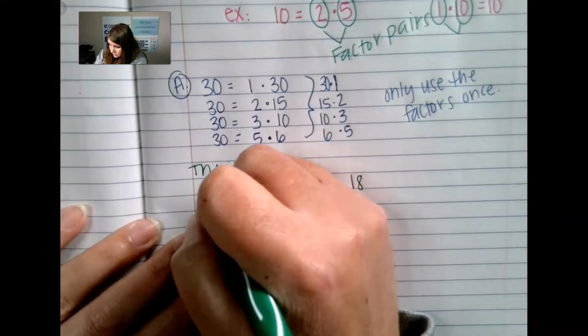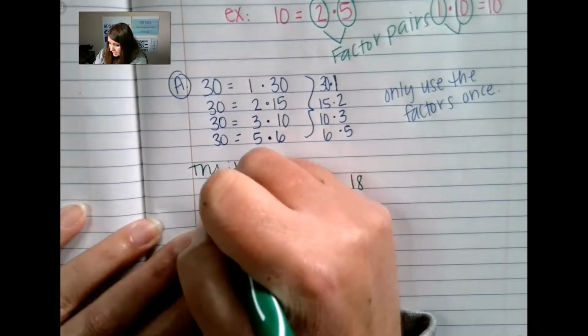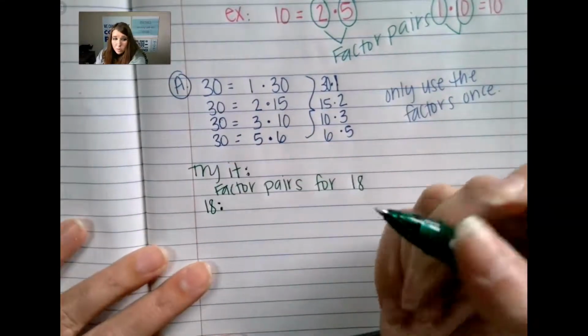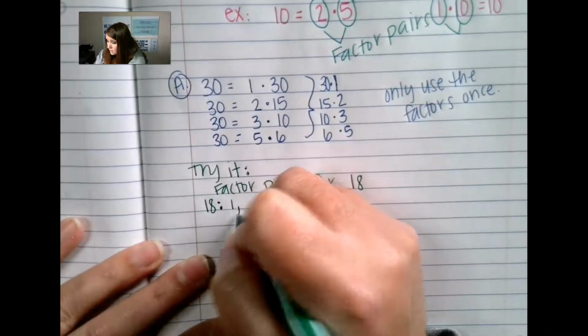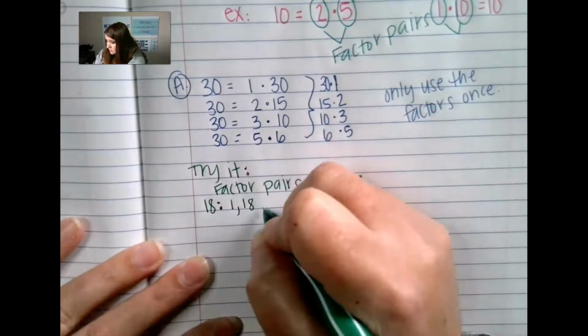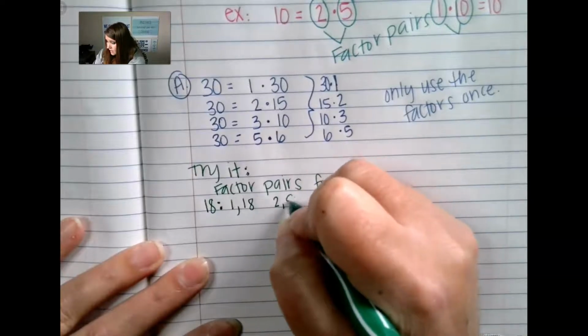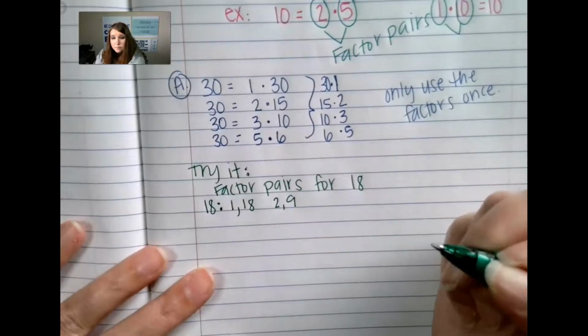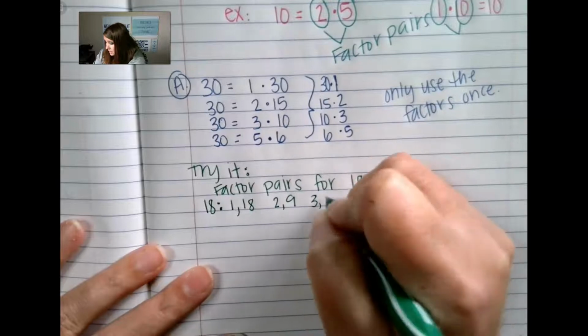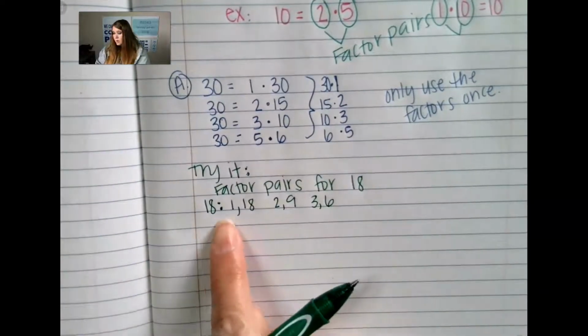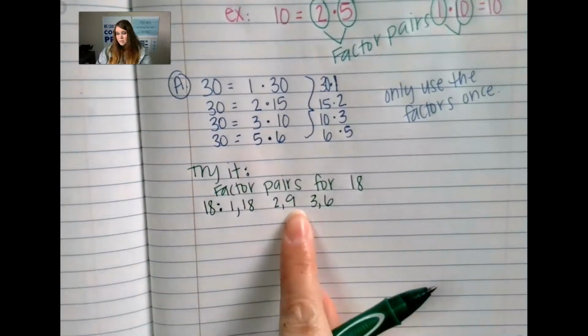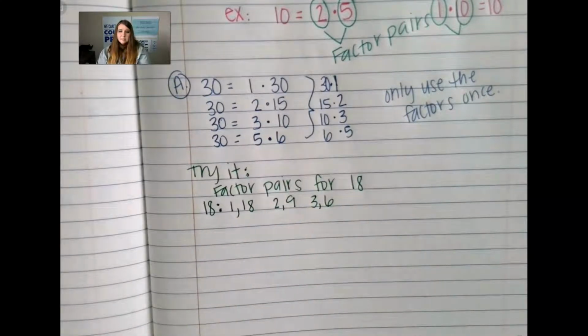Our factor pairs for 18: 18 can be made by 1 and 18, 2 and 9, and 3 and 6. Those are your factor pairs. It's like wearing a pair of socks, but numbers.